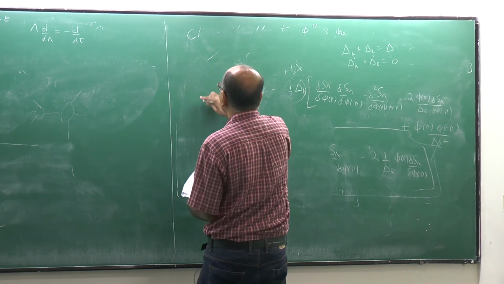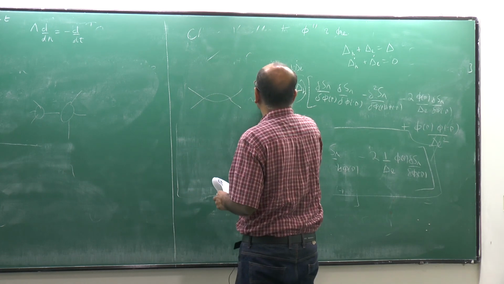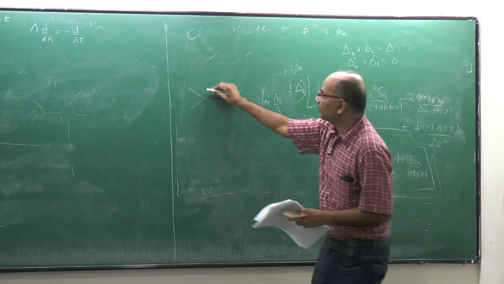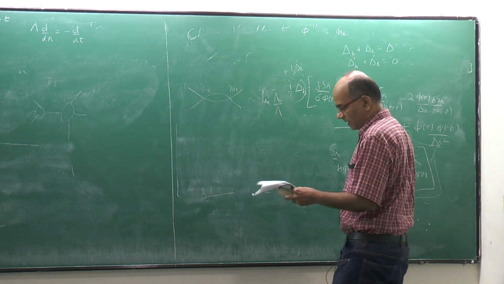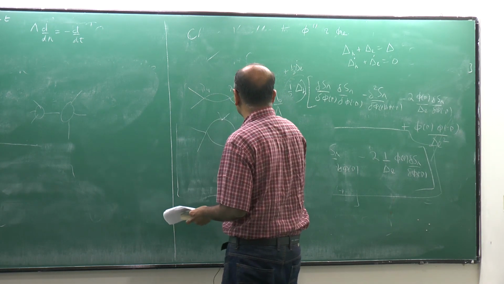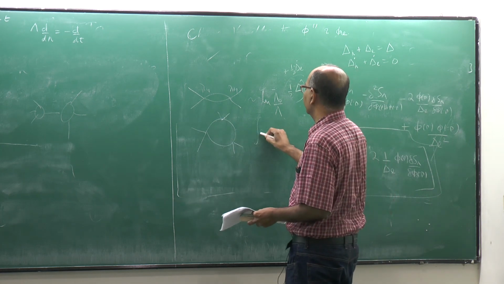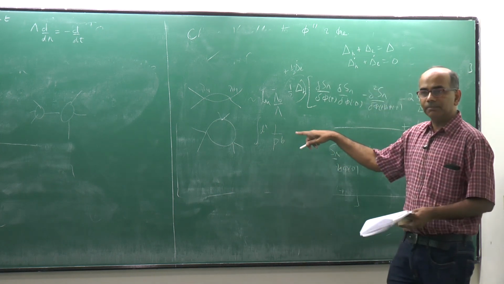So in terms of diagrams, let's look at these diagrams. So this is of the form log lambda naught by lambda. This is lambda 4 squared. Good. And as I said, you can see this diagram has 3 propagators, so it's d4p over p6. It's of that type. Okay.